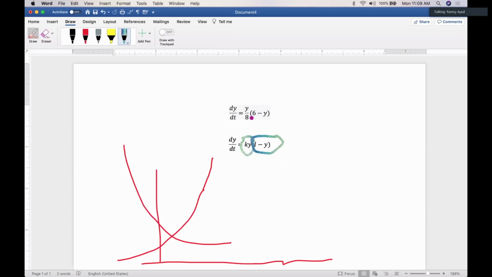No more than that. We call this the carrying capacity. If you learned anything in biology, I think they call it carrying capacity. How much life this forest can sustain. The amount of food will not be enough for more than 6,000 to live in there, right? Anyway, this is what we call a logistic equation.